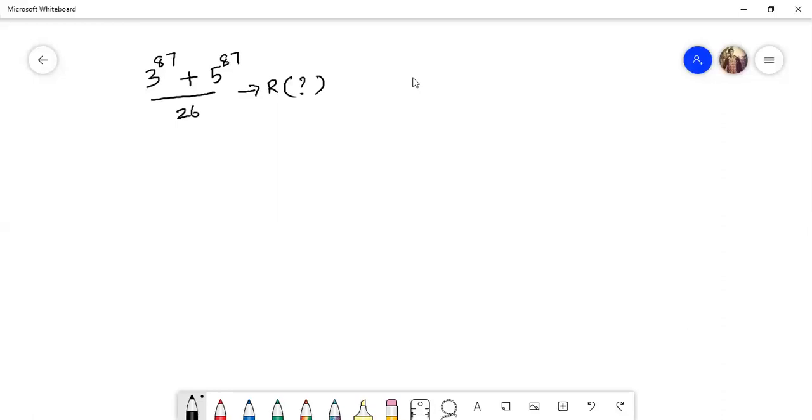Try to use the minimum number of steps to solve the question. Good work, Anisha. Correct answer. Suvarna, correct answer. Good work. Others?